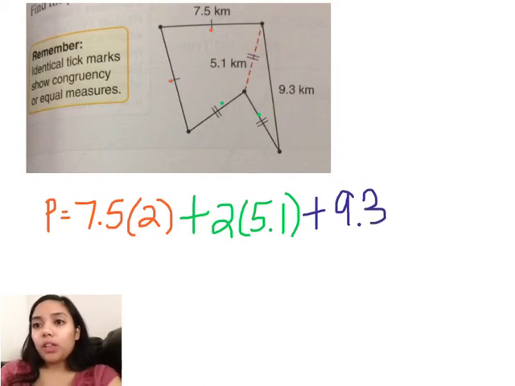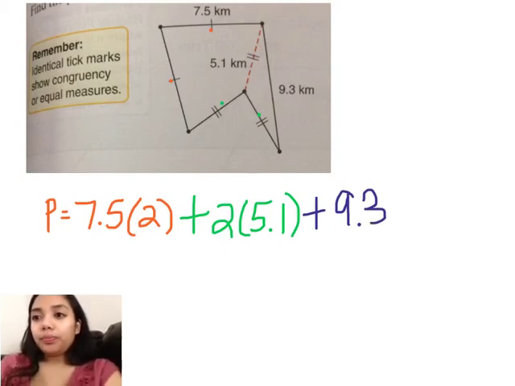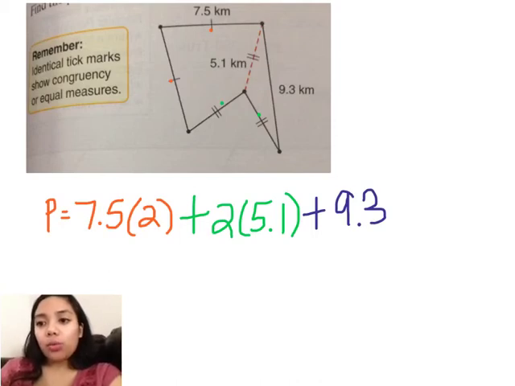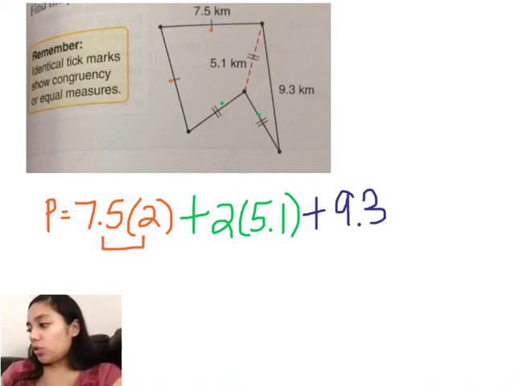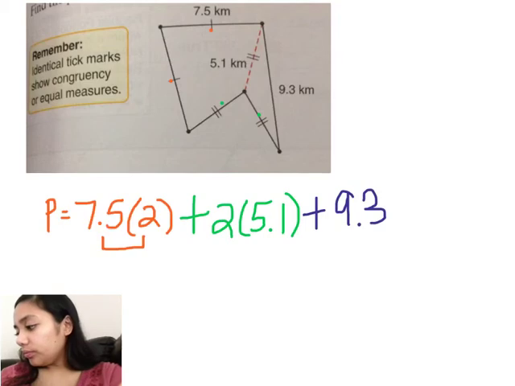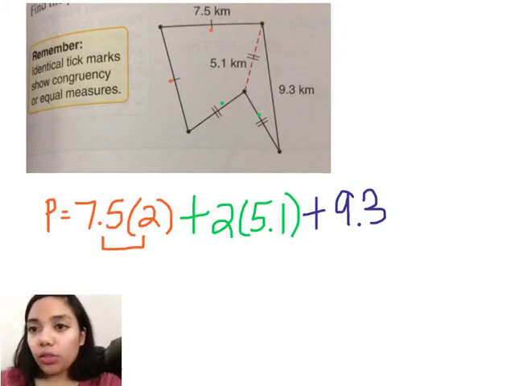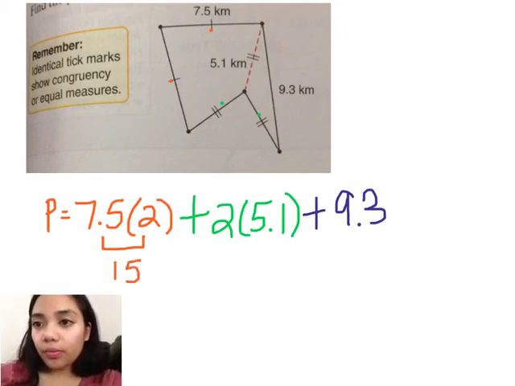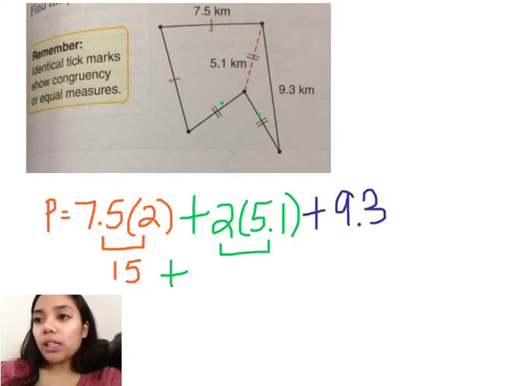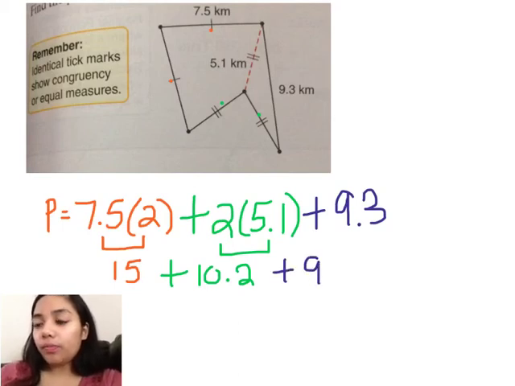9.3. So now I would do my multiplication first. 7.5 times 2 gives you 15, plus 2 times 5 1/10 is 10 2/10, plus 9.3.